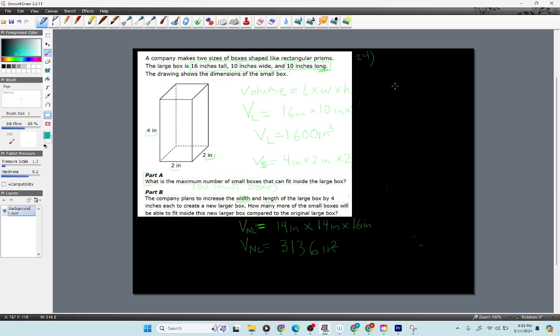All right. So now we need to see how many of the small boxes again go into this new larger box. And we'll see how many more that is as compared to before, where it was 100.